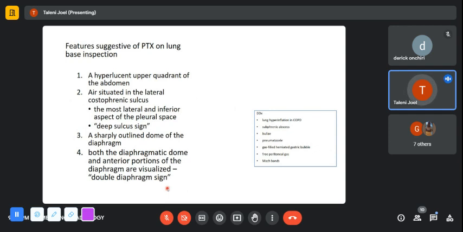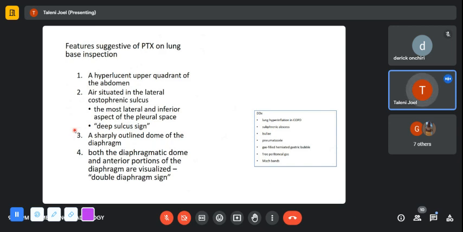So what you should look for when you're inspecting the bases of the chest X-ray are a hyperlucent upper quadrant of the abdomen. That might be suggestive. And then air situated in the lateral costophrenic sulcus, that creates something known as the deep sulcus sign.